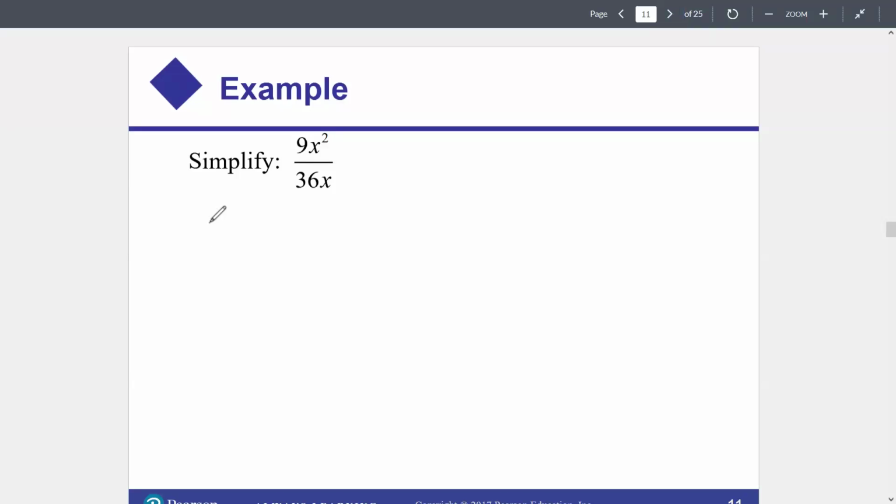So in this case, I have 9x squared over 36x. I know that the top and the bottom both share a 9, and they both share an x. If I factor those out, on the top I'm just left with x, and on the bottom I'm going to be left with 4.